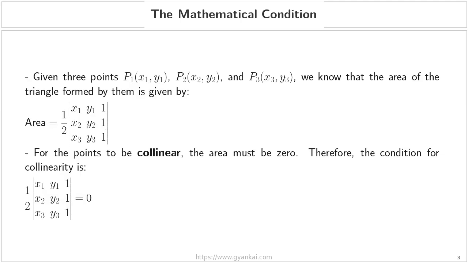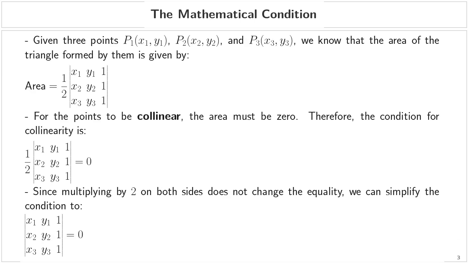Now, here is the crucial part for our topic today. For these 3 points to be considered collinear, we just established that the triangle must have no area. This means the area must be exactly 0. So, we set our formula for the area equal to 0. This gives us the condition where 1/2 multiplied by that same 3x3 determinant equals 0. But we can make this even simpler to work with. Since we are dealing with an equation set to 0, multiplying both sides by 2 won't change the truth of the equality.